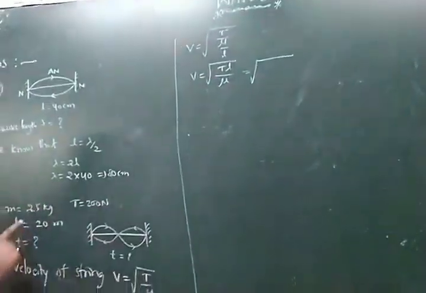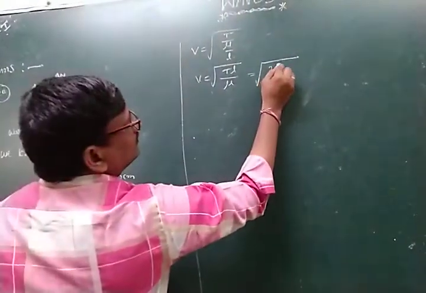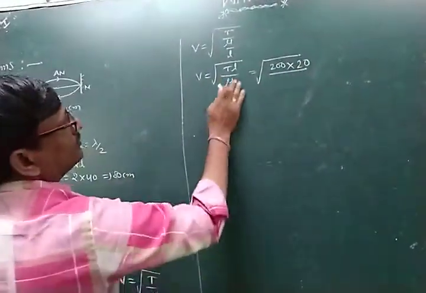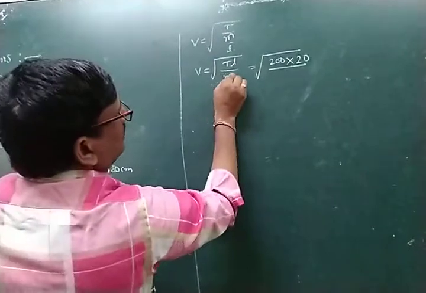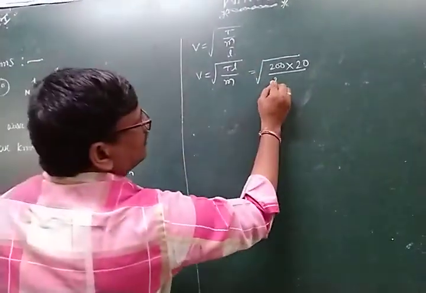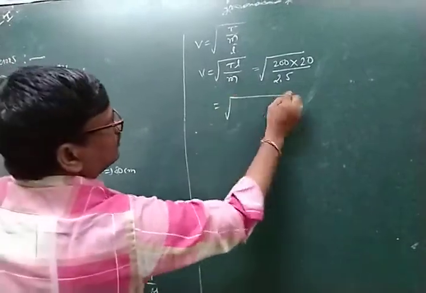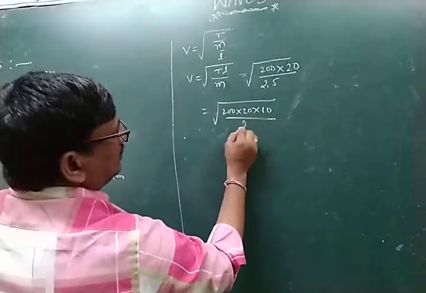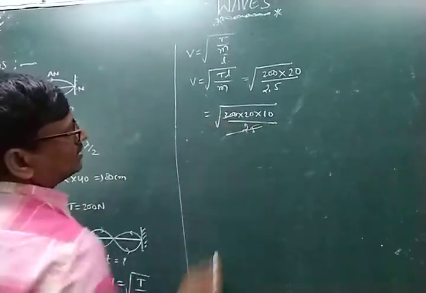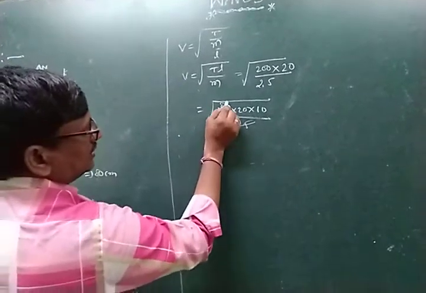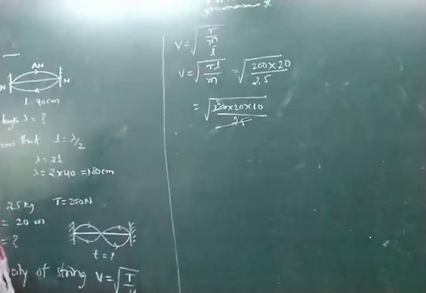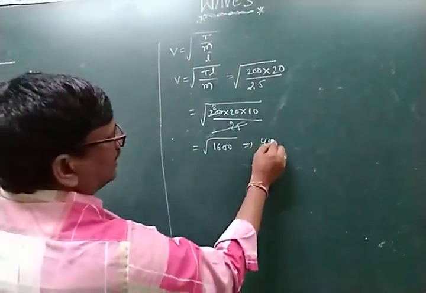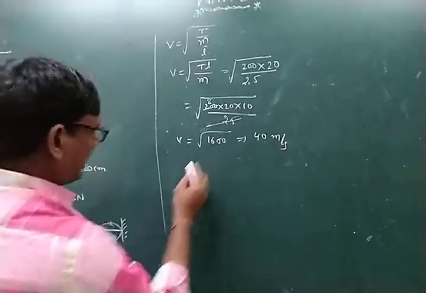Tension is given as 200, into length 20, divided by the mass, which is given as 2.5. Under the root, the decimal is negligible, so we take it as 10 divided by 25. The 25 goes in 8 times. 8 into 2 is 16, and under root of 1600 is equal to 40 meters per second. This is the velocity of the string.